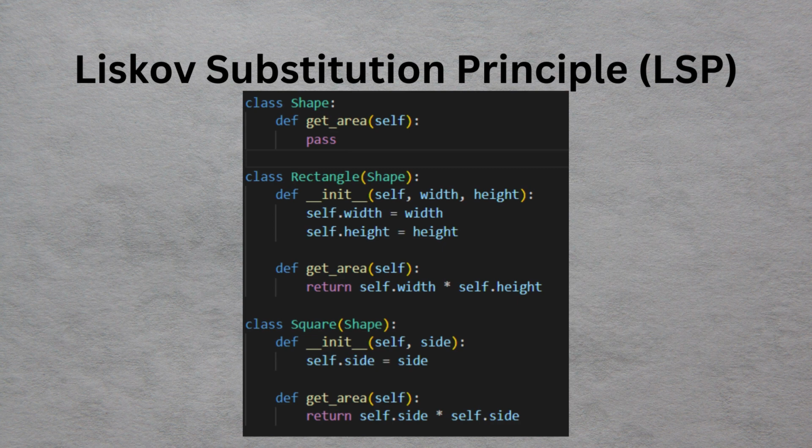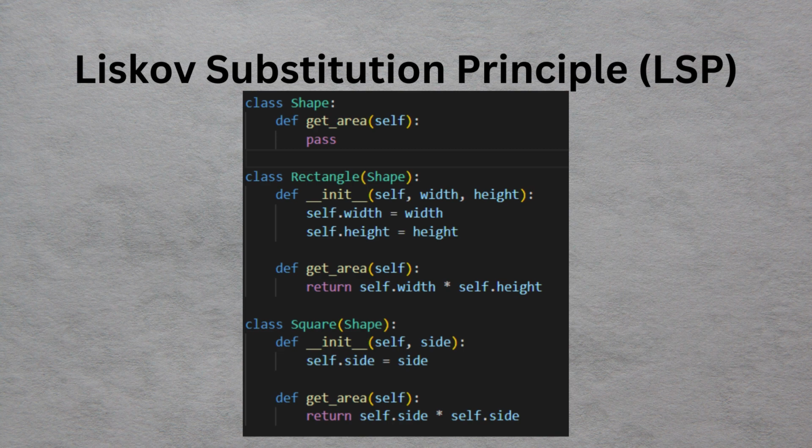To adhere to the LSP, we can refactor the class hierarchy to use a shape class as a superclass and separate the rectangle and square classes. In this refactored code, we've separated the shape class as a superclass and defined the get_area method as an abstract method. This ensures that any subclass of shape must implement the get_area method.